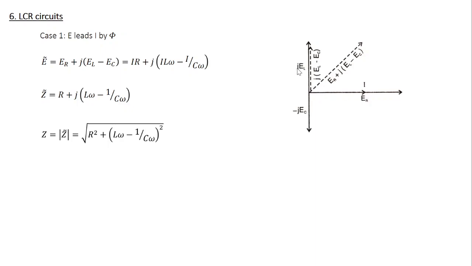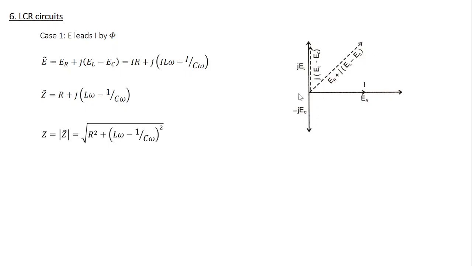This is represented by multiplication with plus J. Then you have a component across the capacitor, which lags the in-phase component by an angle 90 degrees. So this is represented by multiplication with minus J. So you have JEL along the plus Y direction, minus JEC along the minus Y direction.